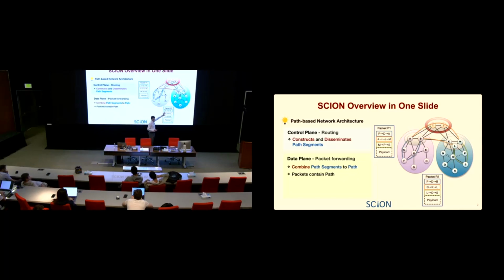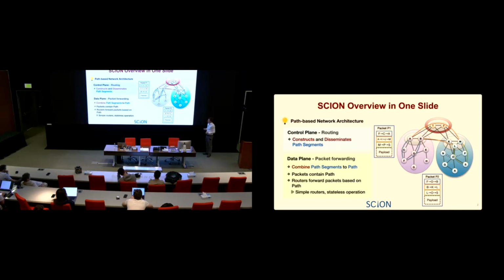And there are also cryptographic protections using very efficient message authentication codes that are very fast to compute to protect also this information in the packet header, and the packet then follows this path to the destination. So you see, it's in a way a very simple architecture.